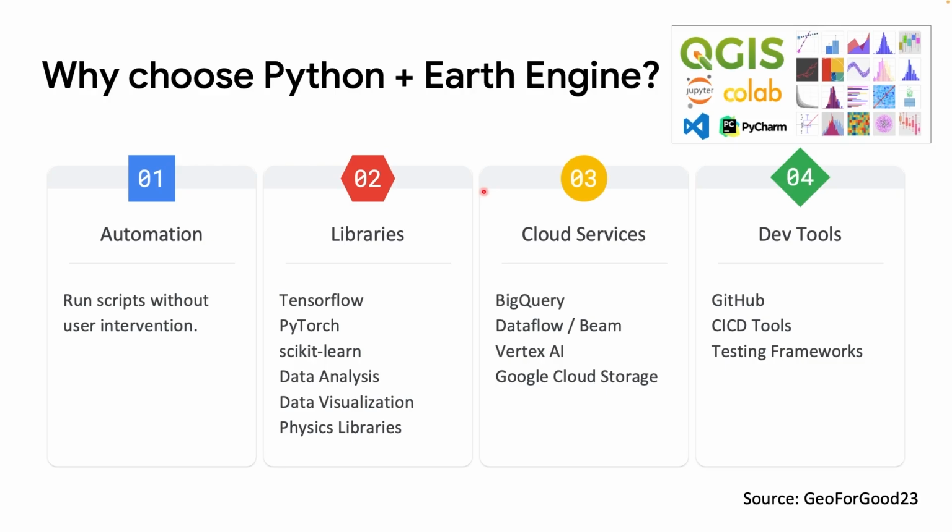For libraries, we have a large number of libraries that are freely available in Python. Just to mention a few, we have TensorFlow and PyTorch, which are used for deep learning. We have scikit-learn, which is conventionally used for machine learning. For data analysis, we have NumPy, SciPy, and different kinds of libraries. For data visualization, we have Matplotlib, Seaborn, and so on.